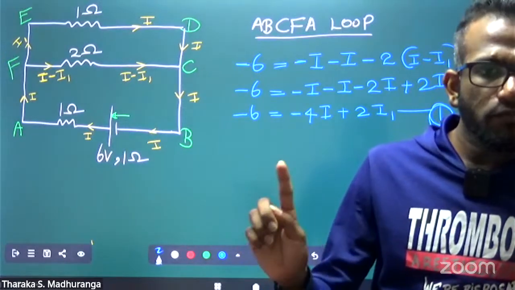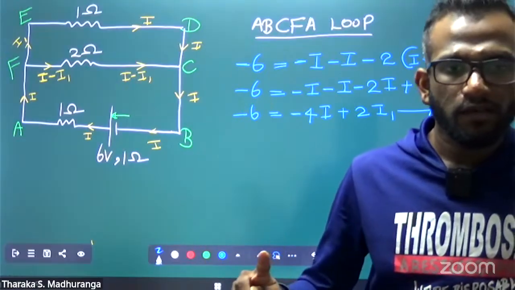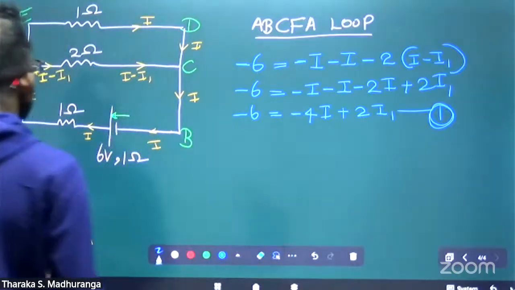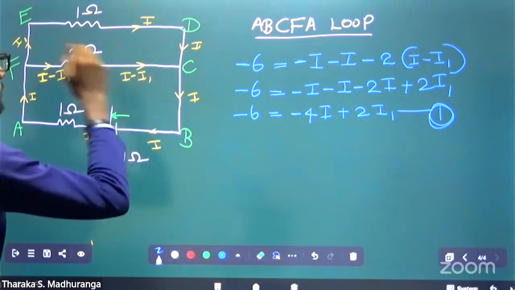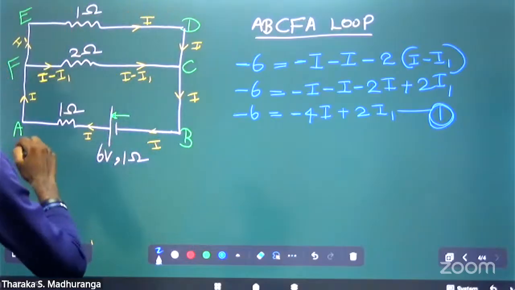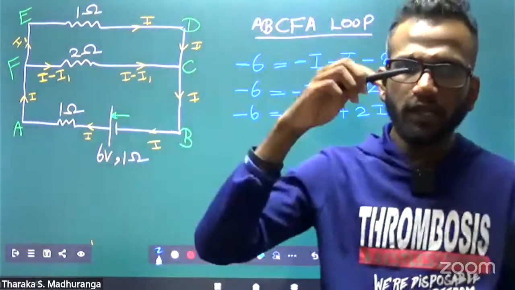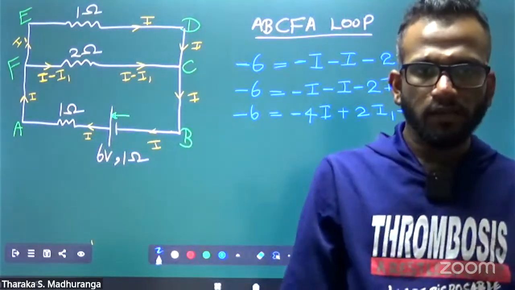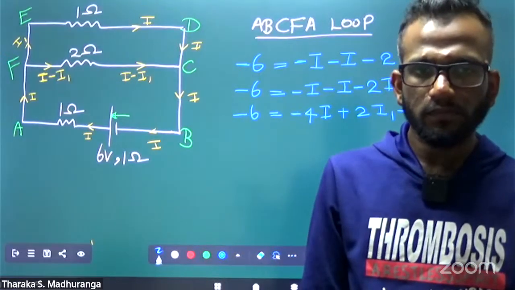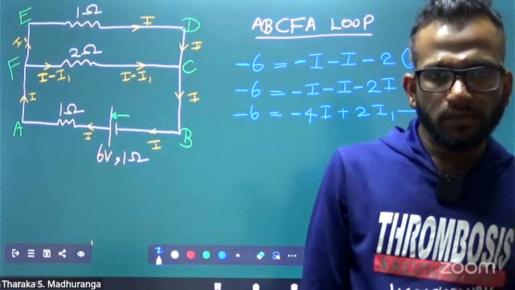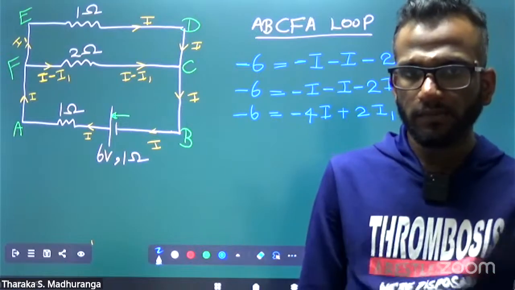Okay, which loop do we need to use next? Now I have two options: C, D, E, F, C, and A, B, D, E, A. That means the full loop. Do we need to take the one on top, or C, D, E, F, C? The above one or the full one? Send me.